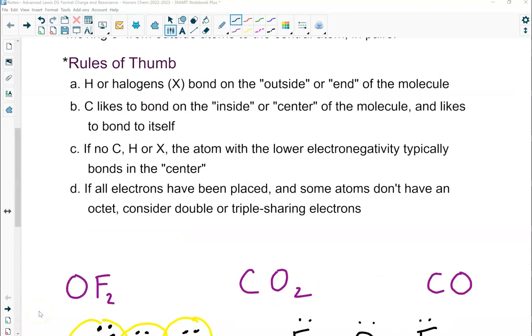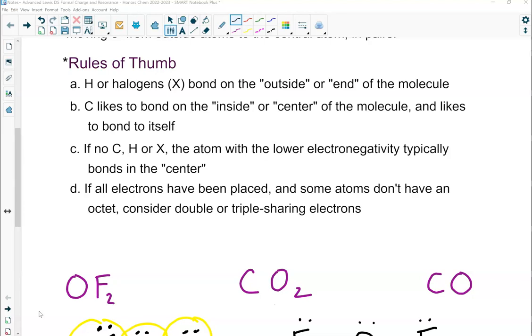The first rule of thumb says that hydrogen or halogens, and halogens can be fluorine, chlorine, bromine, iodine, astatine, all of these, because they have the same valence electron structure, they will all bond the same way, and chemists often denote any or all of the halogens by the symbol X. So if you see HX or NaX, that means sodium bonded to any halogen, because they're all going to bond in a similar manner.